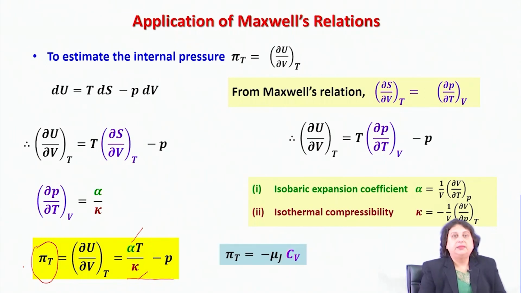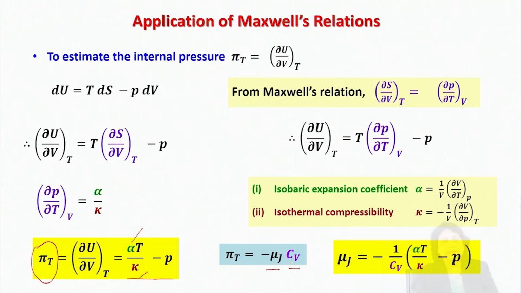You would remember that pi T is also related to two more quantities, mu J, that is the Joule coefficient, and Cv, that is another measurable property of the system. And therefore, if for some application you are interested in knowing what would be the Joule's coefficient for this system, then all you will have to do is look back at the property chart and say, well, do I know the specific heat at constant volume of this system?